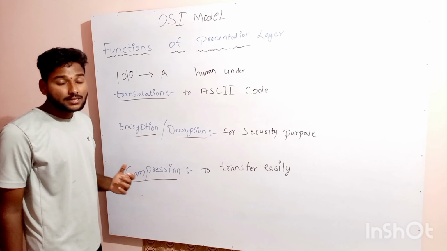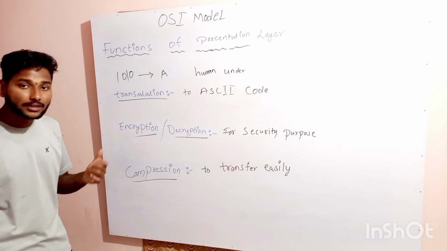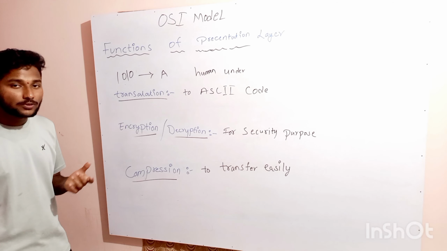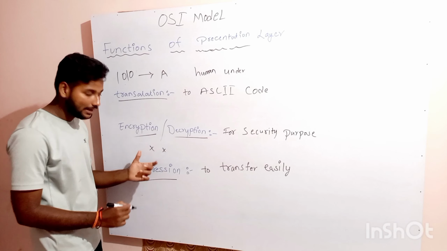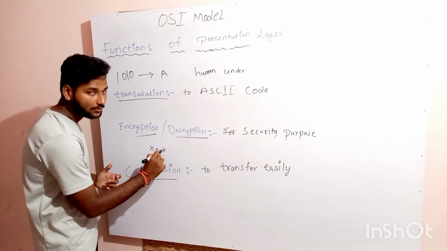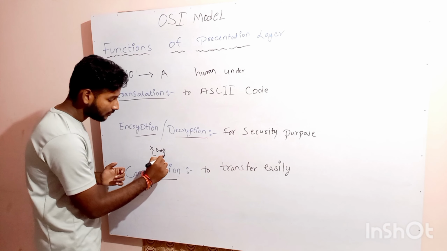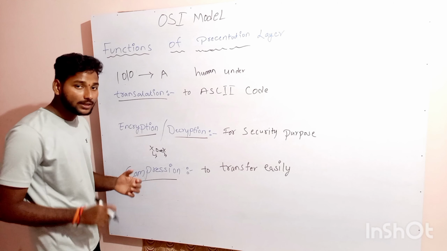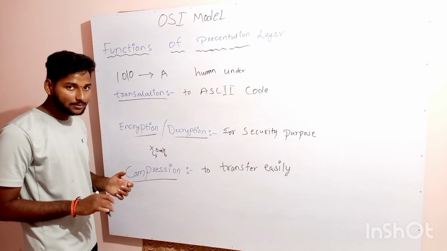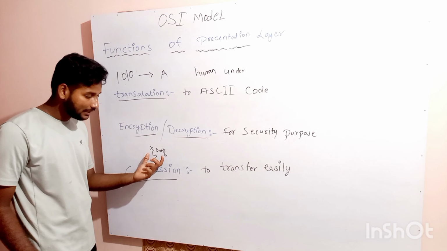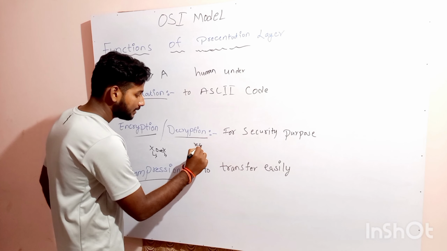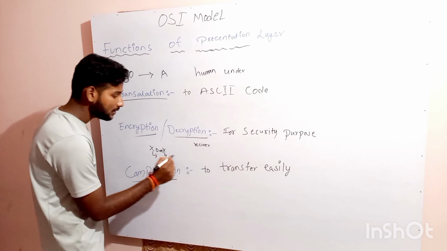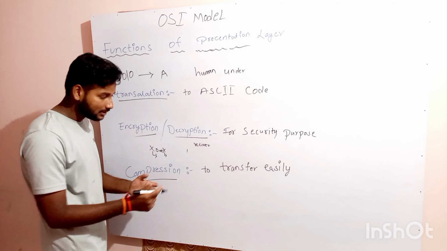Encryption and decryption are used for security purposes. We all know about encryption. Encryption means we add some code to the data at the server side, so we lock the data with a key, and this data is sent to the receiver. At the receiver side, using this key we unlock the data.